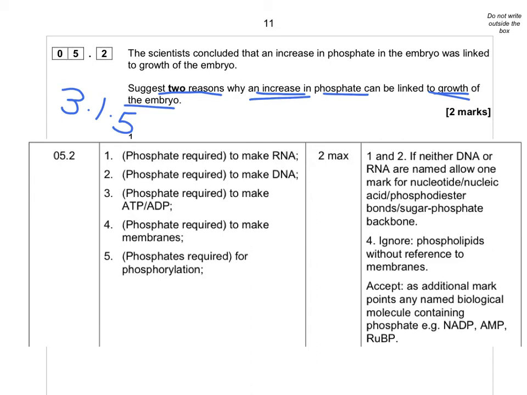You might want to mention phosphates in NADP, AMP, and RuBP. But again, that's related to other aspects, respiration, photosynthesis, in the year 13 work. So the main ones would be RNA, DNA, ATP, and also makes membranes. You can't say phosphates make phospholipids. You've got to mention what it makes, and it's making the membranes.